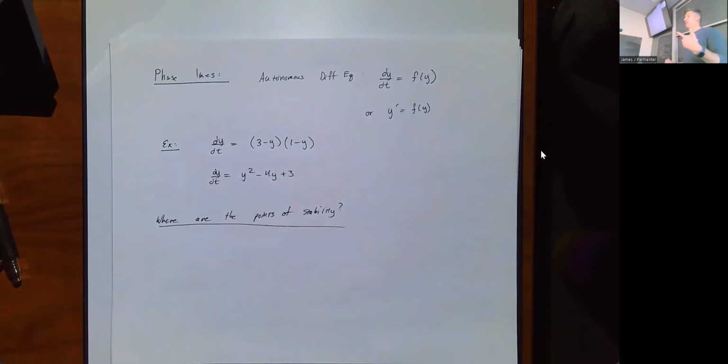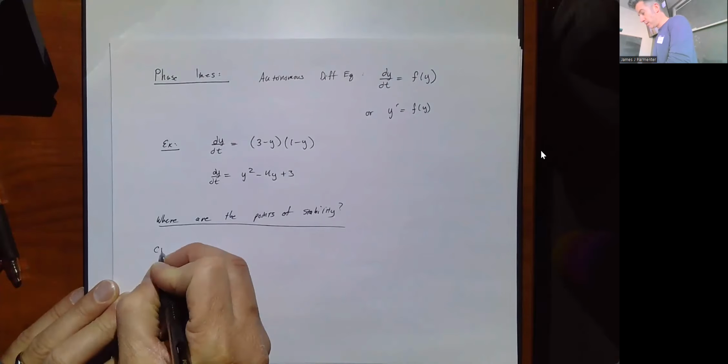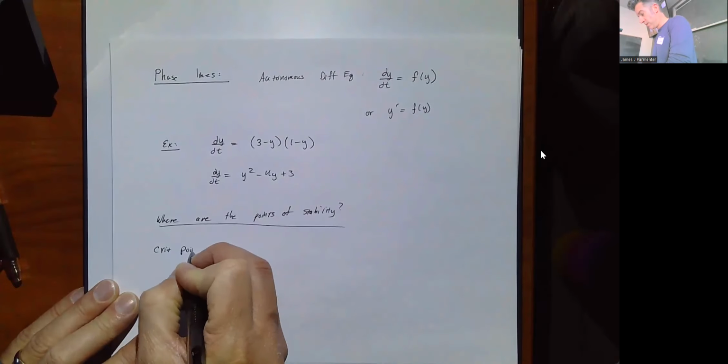Well, I would say that this function y is stable if it's not changing. If something isn't changing, its derivative is 0. So a differential equation has critical points. I'm not going to say they're stable just yet, but we have critical points wherever the derivative is equal to 0.